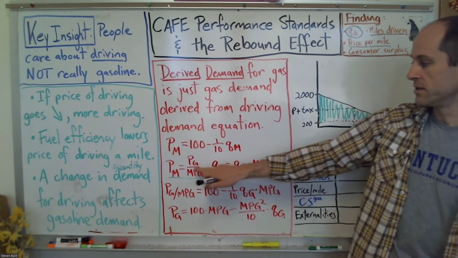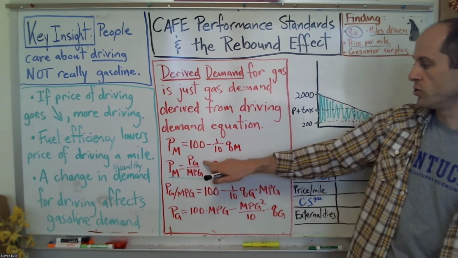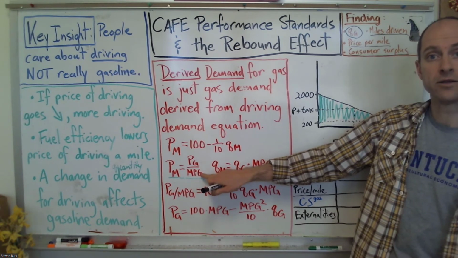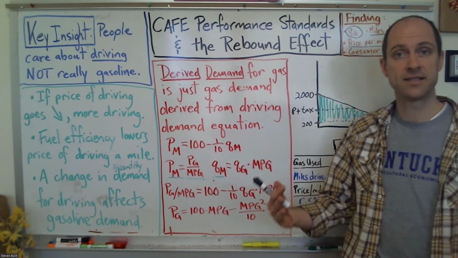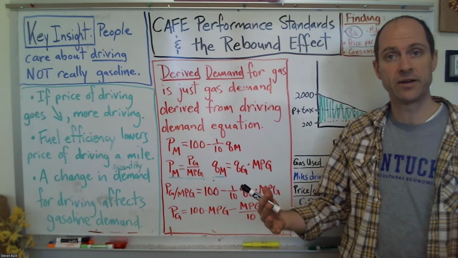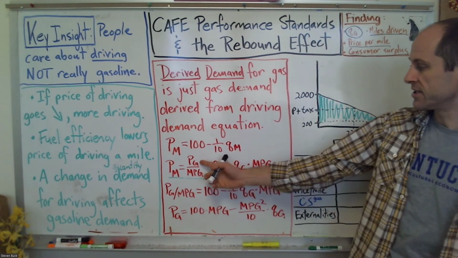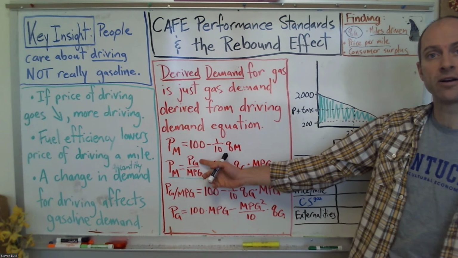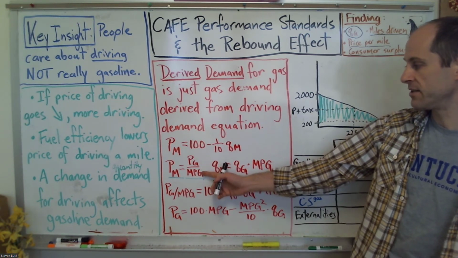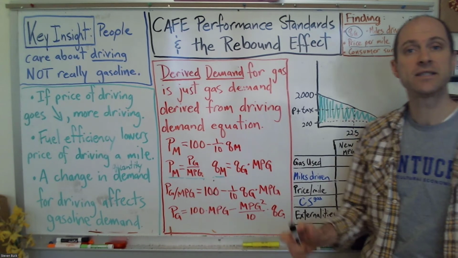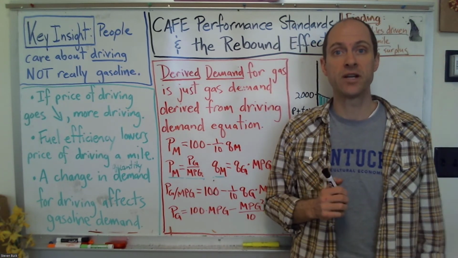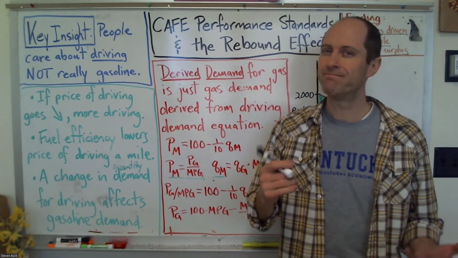Before, the price per mile was 200 cents divided by 20 miles per gallon, or 10 cents per mile driven. Now, we're essentially just increasing the price per gallon of gasoline without changing the fuel efficiency. So that means the price per mile driven under the tax is going to go up.